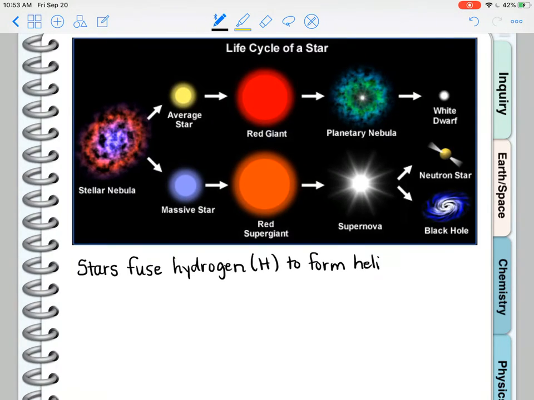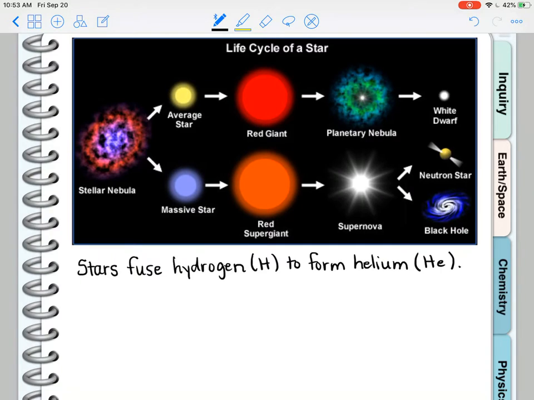So stars are burning, they're very hot. That's why they give off light and energy. Stars fuse hydrogen to form helium, and that's going to be important here in just a minute.